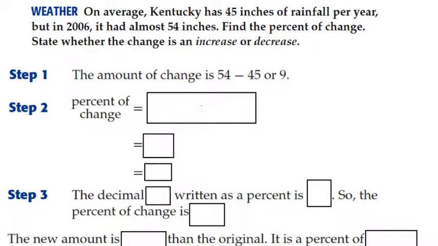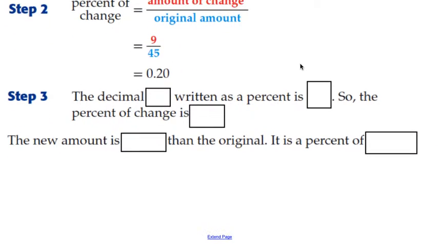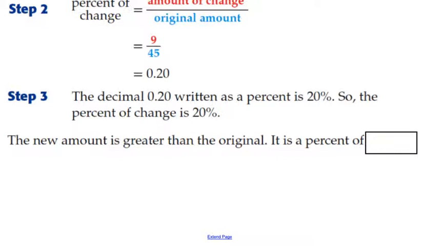We put that change over the original. The original amount was 45 inches, and 9 divided by 45 on your calculator is 0.20. That decimal, when we move 2 places to the right, gives us 20%. So the percent of change is 20%, and it's greater than the original, so it was an increase.